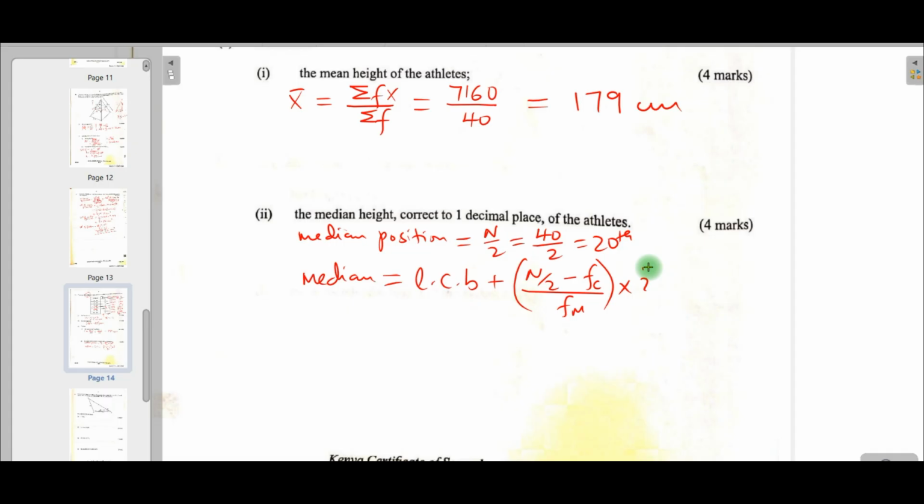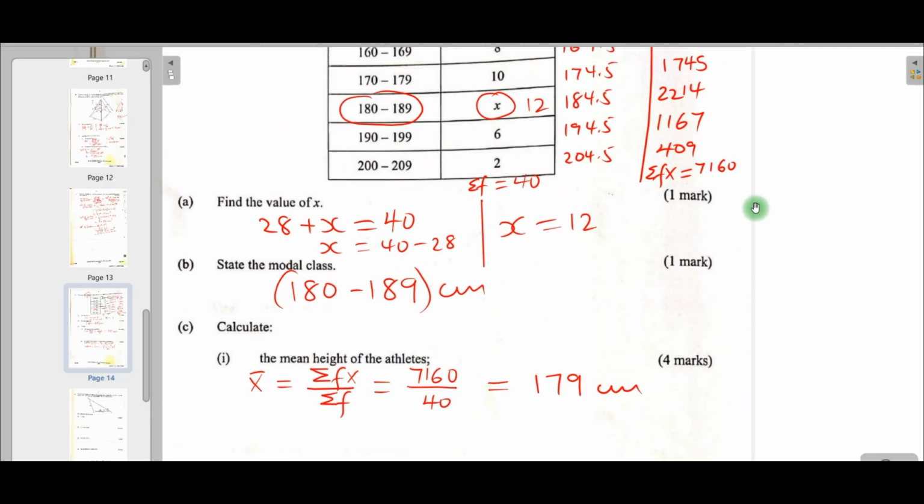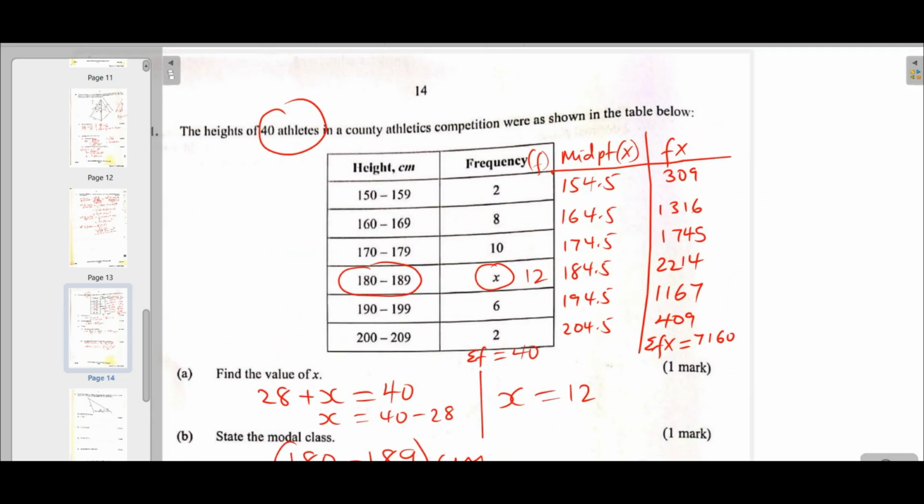And therefore, from the table we need again to modify it. Let us modify the table again so that we have another column for cumulative frequency. For cumulative frequency, we start with the 2, then 2 plus 8 is 10, 10 plus 10, that is 20, 20 plus 12, that is 32, 32 plus 6, that is 38, and finally 38 plus 2, that is 40.